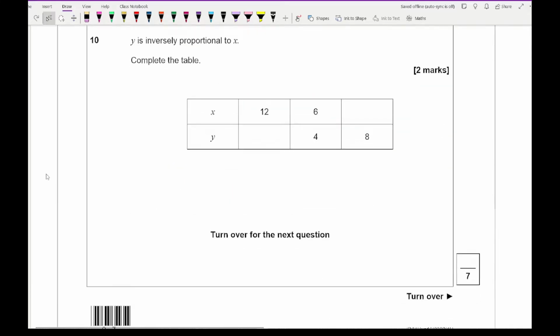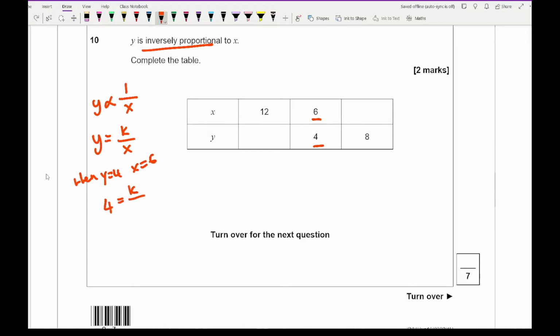Then with question 10, it says y is inversely proportional to x. Complete the table. So here, what we need to do is translate it into maths notation. y is inversely proportional to x, so y equals k over x. Then using the two values I know from the table, when y equals 4, x equals 6, we get 4 equals k over 6.